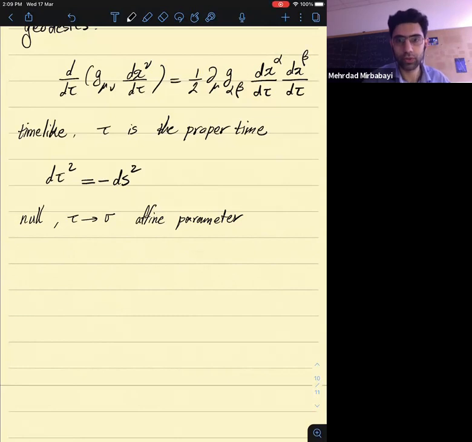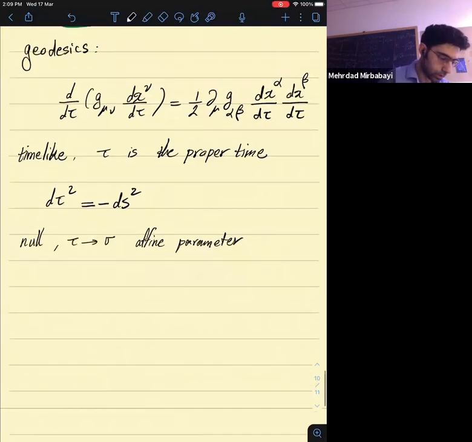So we have to choose a different parameterization for the curve. There is no unique choice, because we can always rescale sigma by a constant and nothing changes. We'll get the same equation. Okay, so this is the geodesic equation.